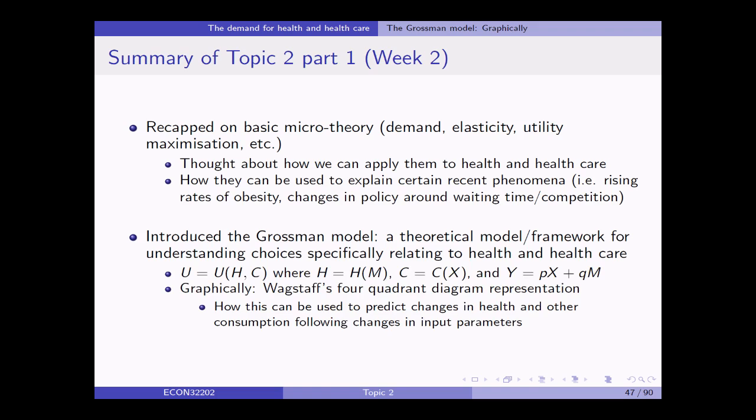Actually, some quite basic economic theories can be used to explain some interesting trends and phenomena. We've seen rising rates of obesity, changes in mortality rates, life expectancy, and how these can be linked back to some quite simple economic theories about why people do and don't do things. Actually, the key thing we're interested in in economics is policy.